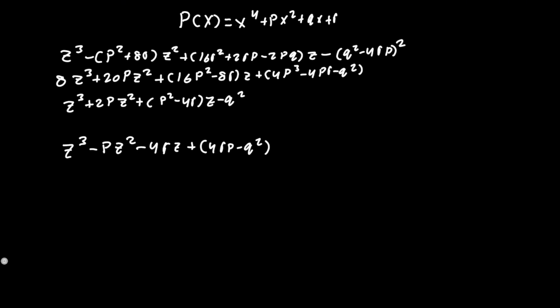And we have a lot of different resolvents. Along with the other two that I showed earlier, we can see that we're always going to get different resolvents that are going to help us solve our quartic.